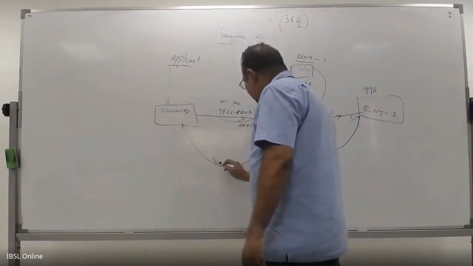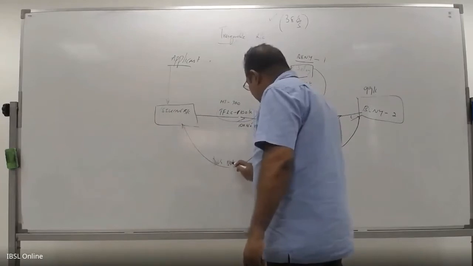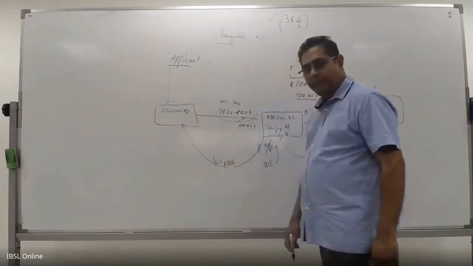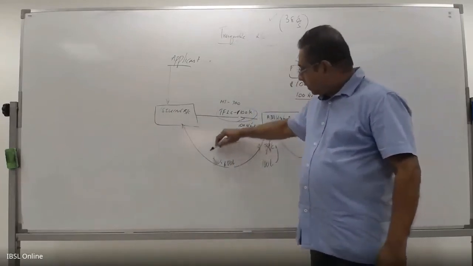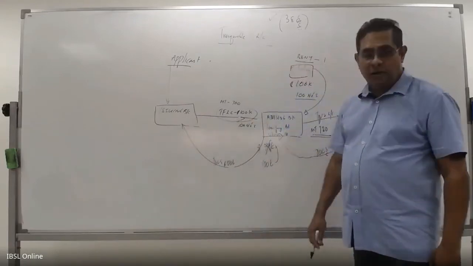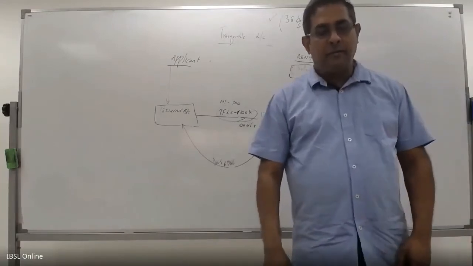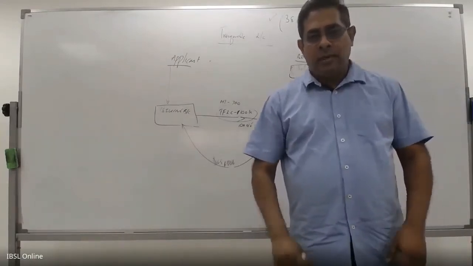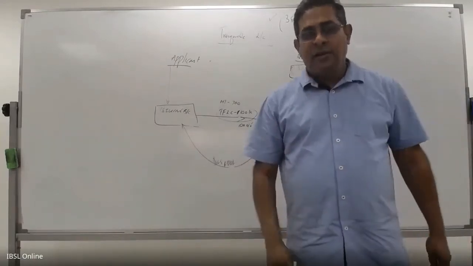The value of the documents is what? $100,000, now that it is substituted. And the issuing bank will reimburse $100,000 to the negotiating bank. So that is the mechanism of the transferable letter of credit.